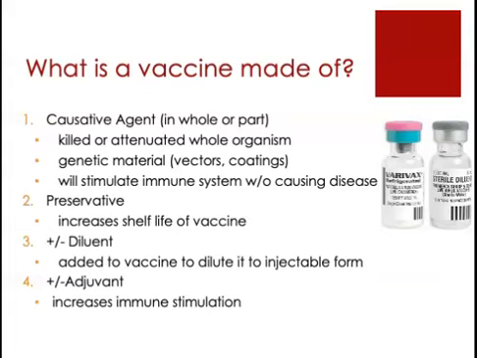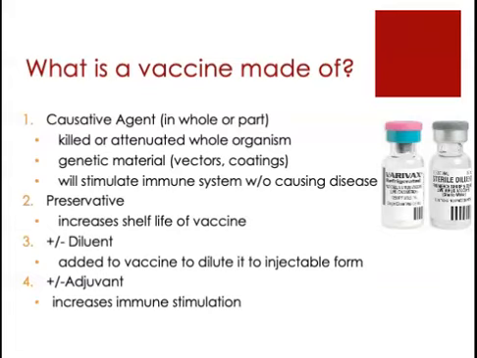The causative agent in some vaccines is actually just a piece of the genetic material that comes from that agent. Now, there are some viruses that contain DNA as their genetic material, so we can harvest that DNA from the viral particles.